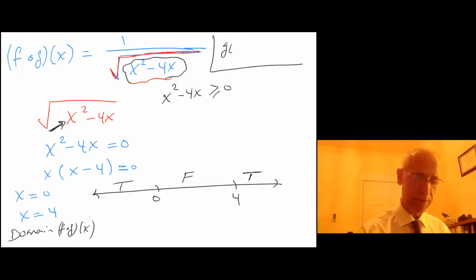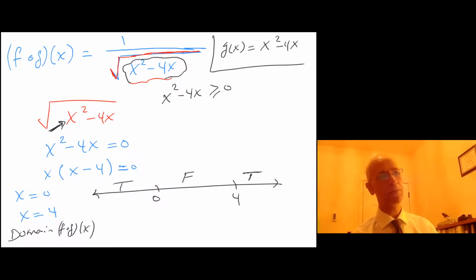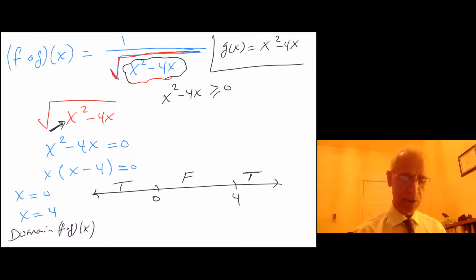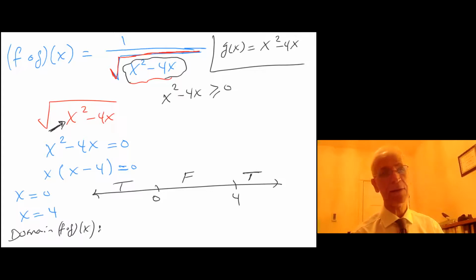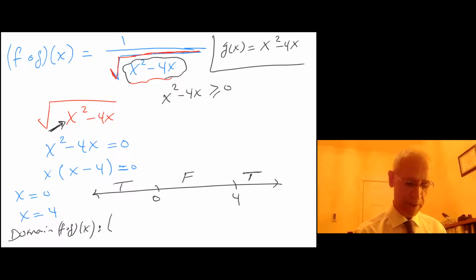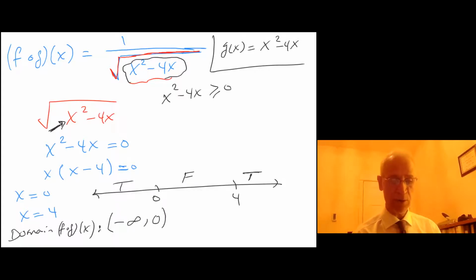Remember that g of x, the inner function, was x squared minus 4x. There was no restriction. Now I'm going to only consider the final product of f of g of x. So from negative infinity all the way to 0, 0 is not included.